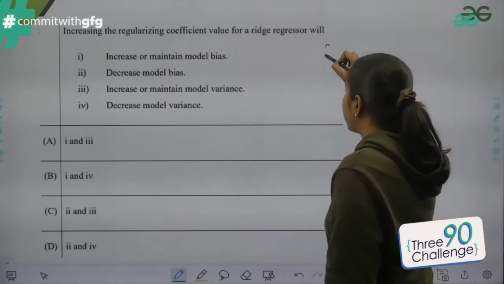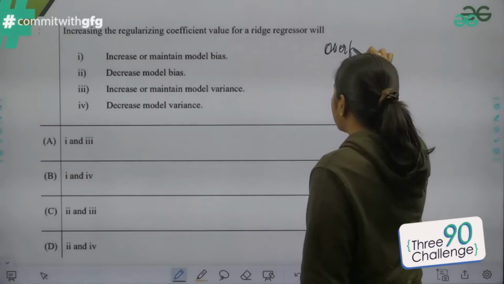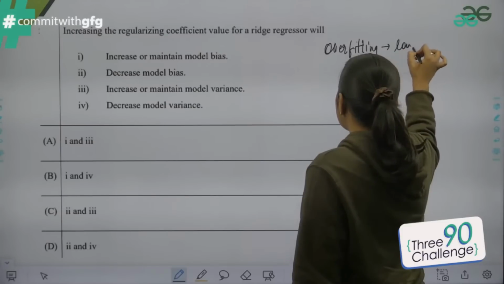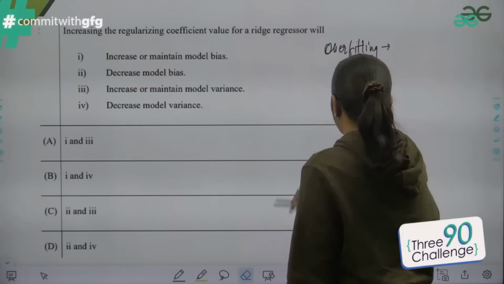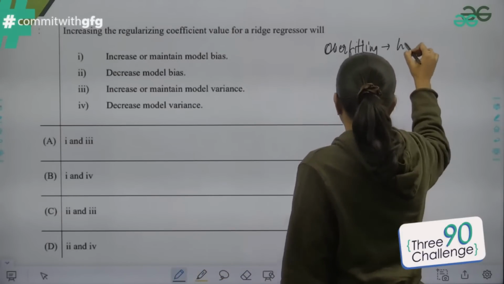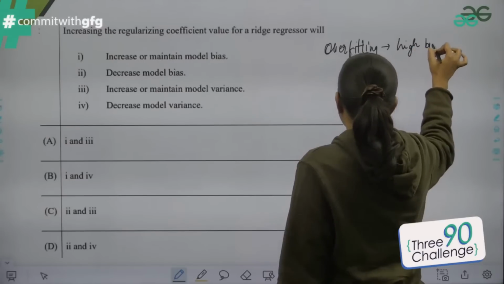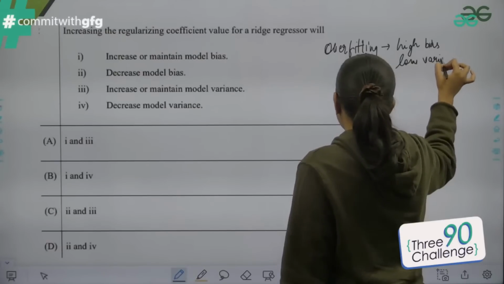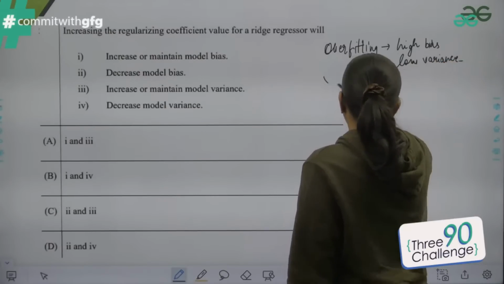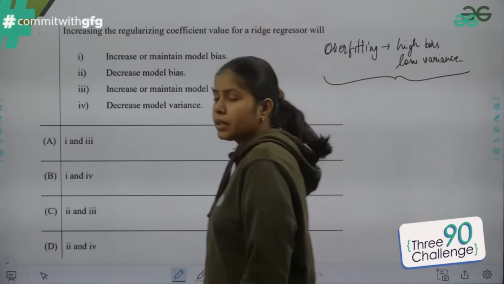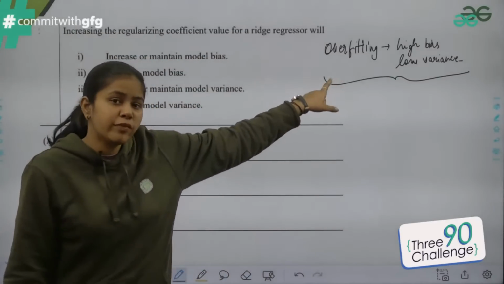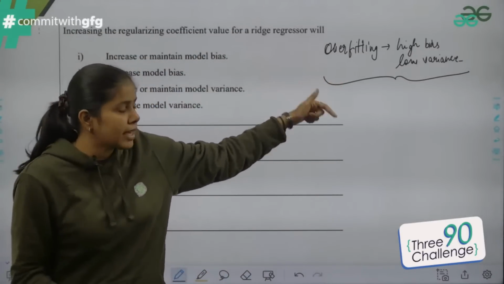And what is overfitting? Overfitting is low bias, sorry, high bias, low variance. So increasing the regularization coefficient gives me the solution to this problem, which is overfitting, and the problem is high bias and low variance.